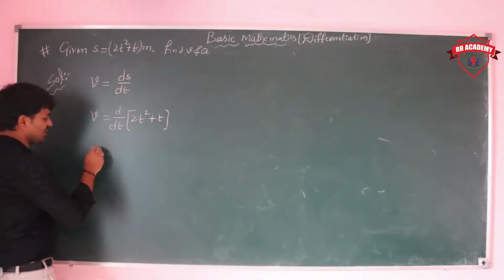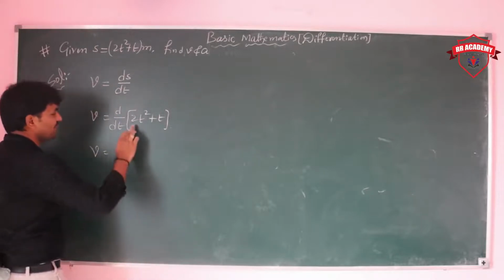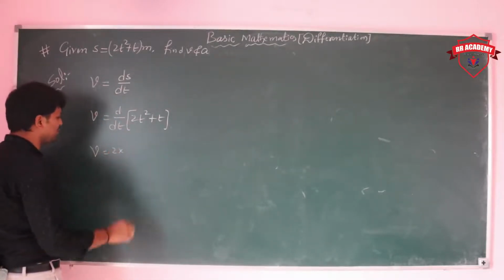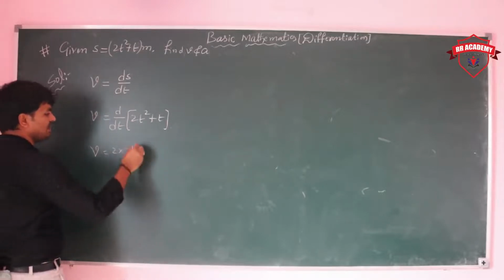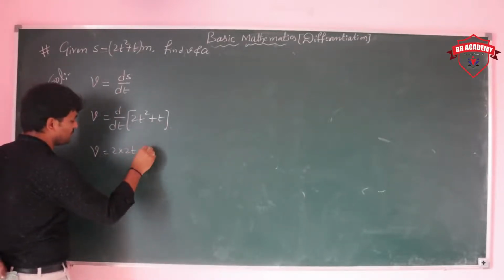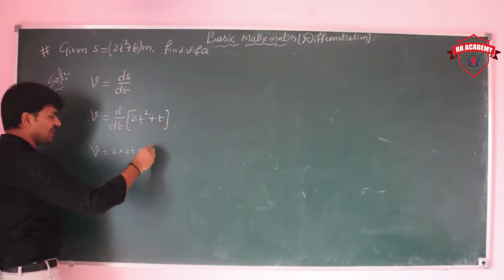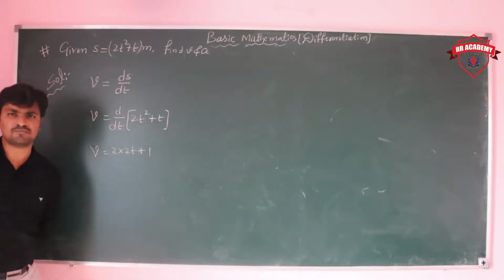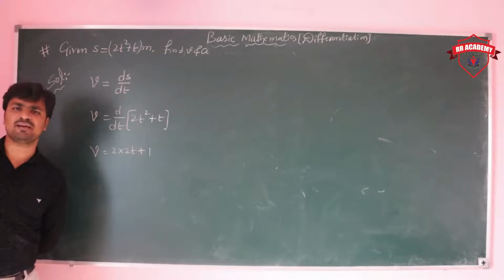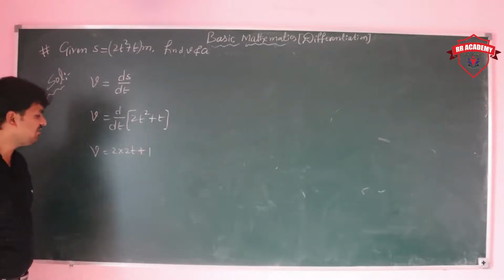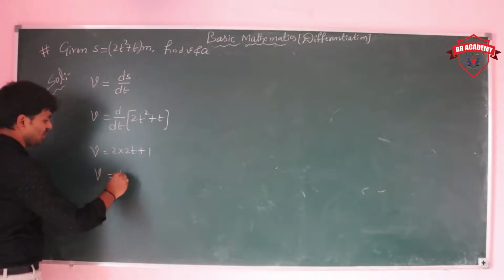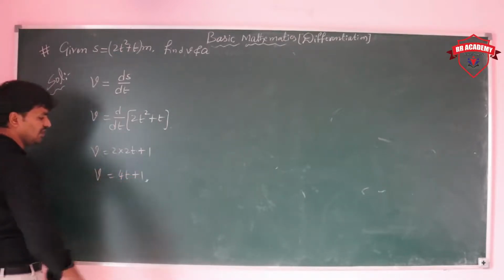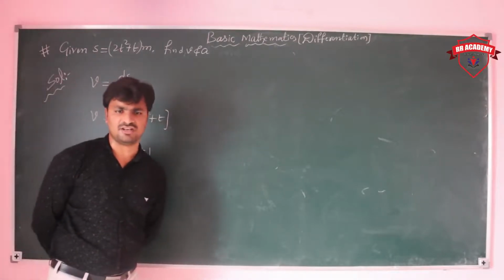If we differentiate that, the differentiation of 2t square is 4t, plus the differentiation of t with respect to t, which is 1. So the v value is 4t plus 1, that is the velocity expression.